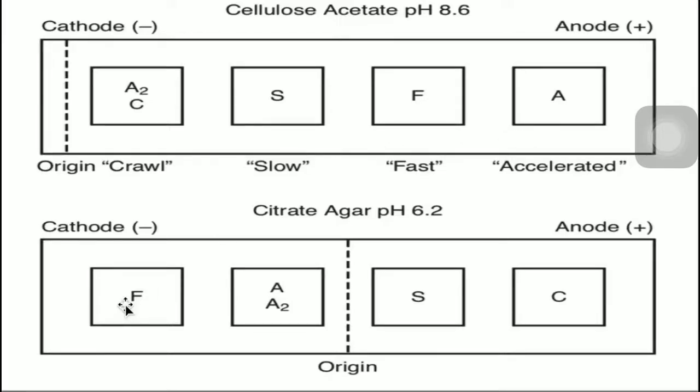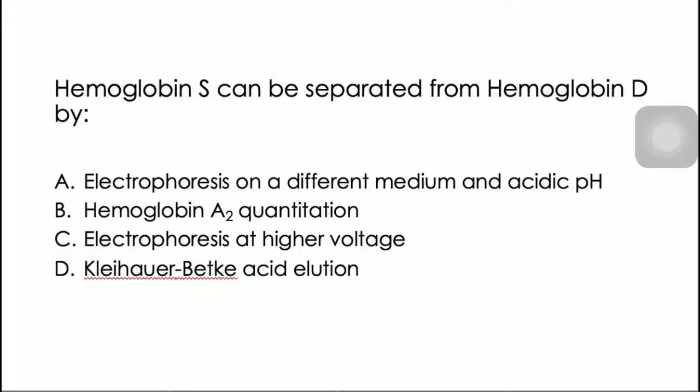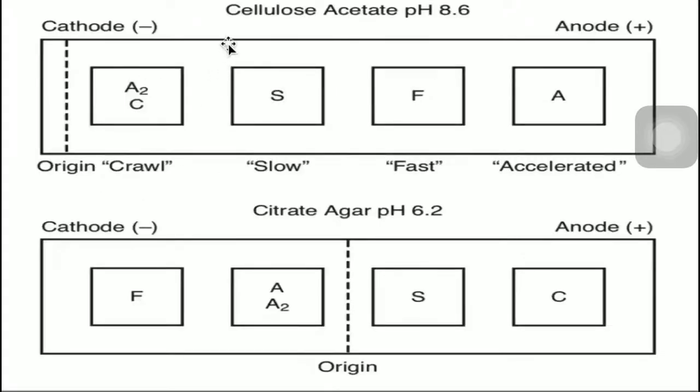Then dito naman, we have your F, we have A, A2, and E. Before yung S dito, meron po pwedeng isa pa dito. We have your O, D, at saka G. And then we have the S and C. So basically, ang tanong po dito is, how can we separate nga po hemoglobin S from hemoglobin D? Kasi using cellulose acetate, S and D is here, found here.